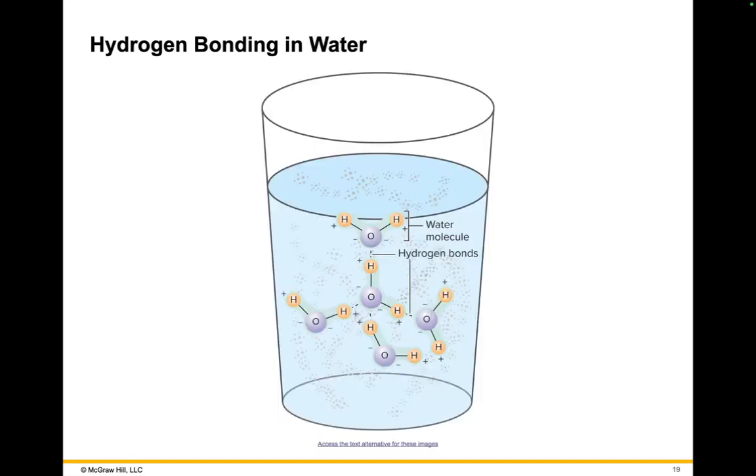And so when you have a cup of water, all those water molecules, which are polar, they have the slight negative and the slight positive ends of one molecule. They're going to be attracted to other molecules. You see this if you put drops on a penny, and you can see that surface tension. That's hydrogen bonding of water.